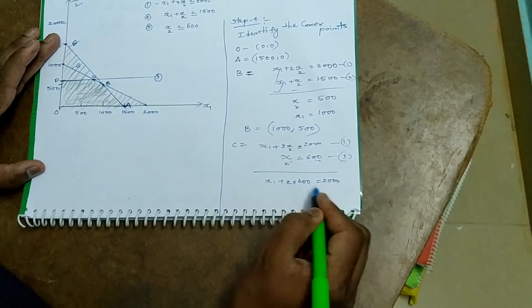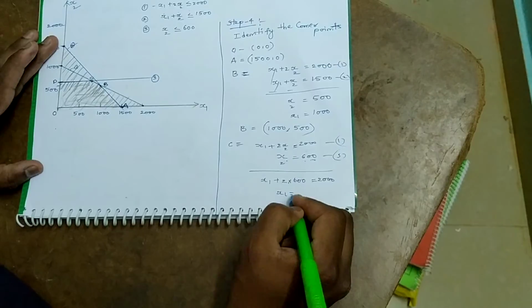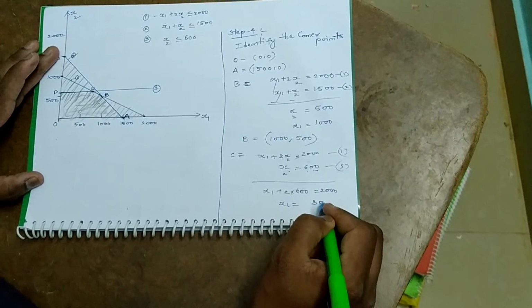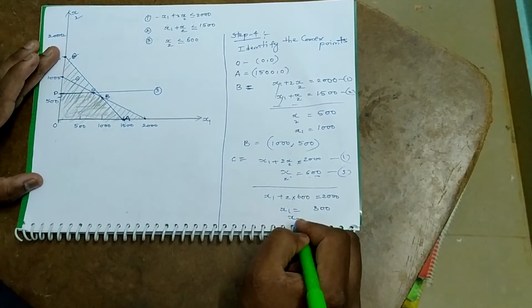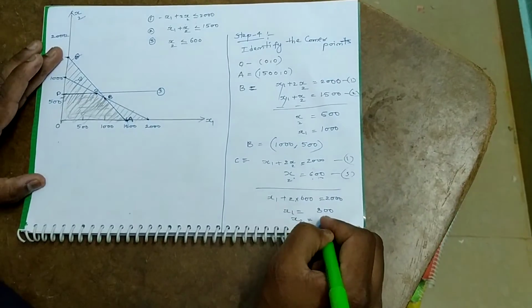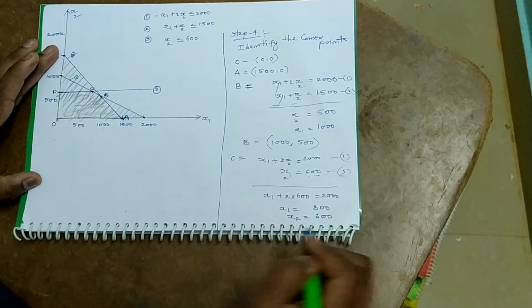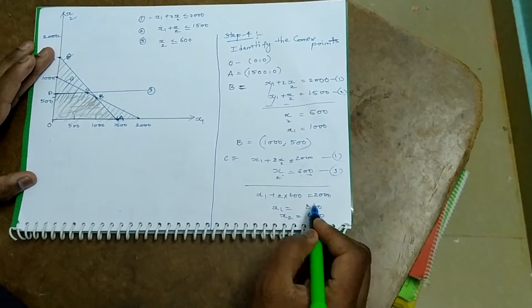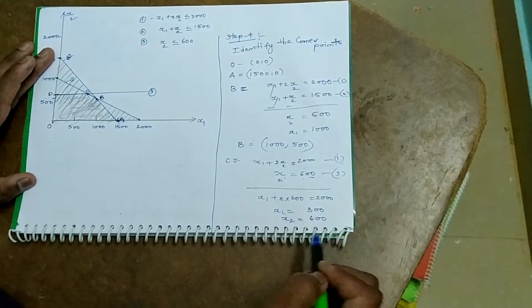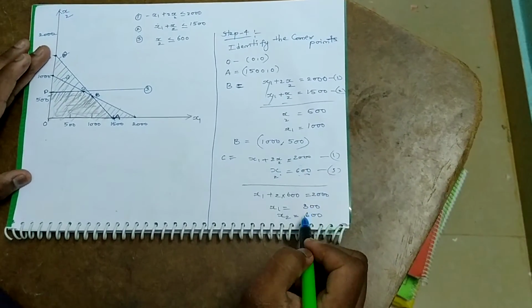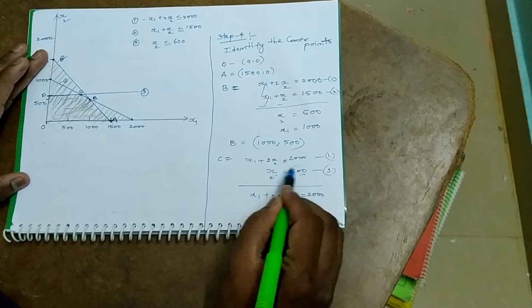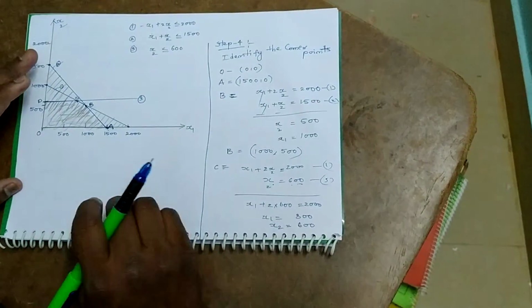Then you will be getting x1 is equal to 800 and x2 is already 600. Is it right? If you put these two values in the first equation, x1 is 800, x2 is 600, the equation is satisfied.